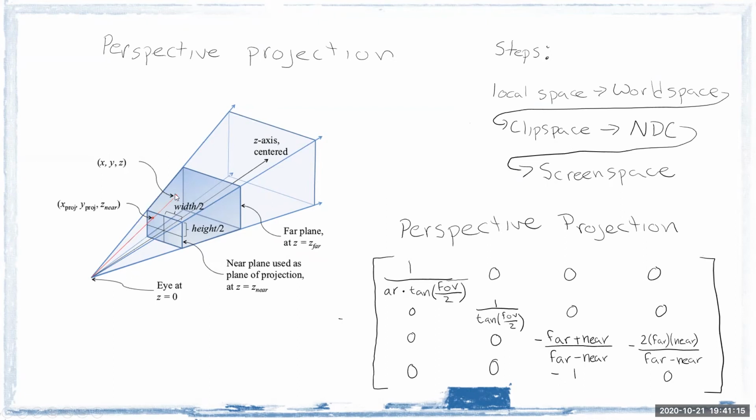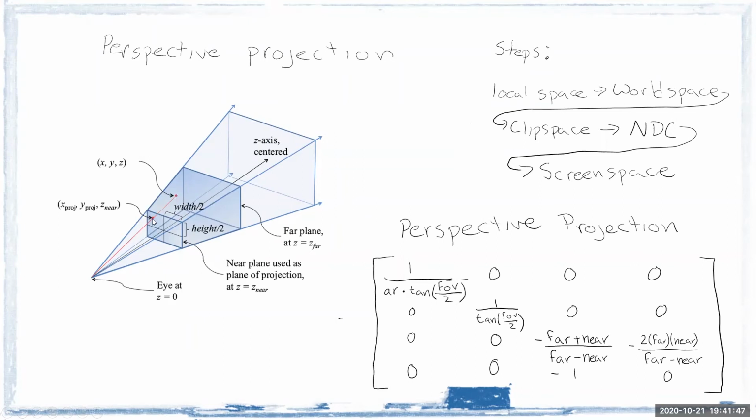if we were to make it like the point XYZ, I don't know if you guys can see my cursor. The point XYZ and the projected point X projected, Y projected, Z near. Those 2 points aren't in the same X and Y coordinates.